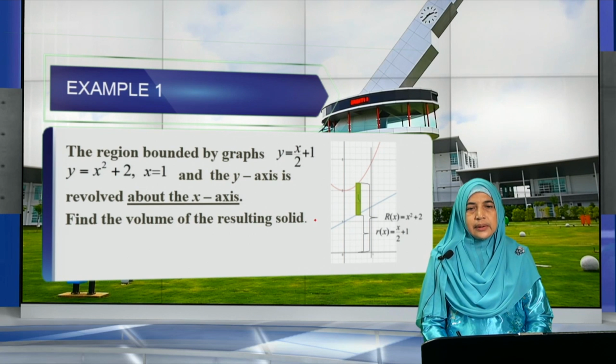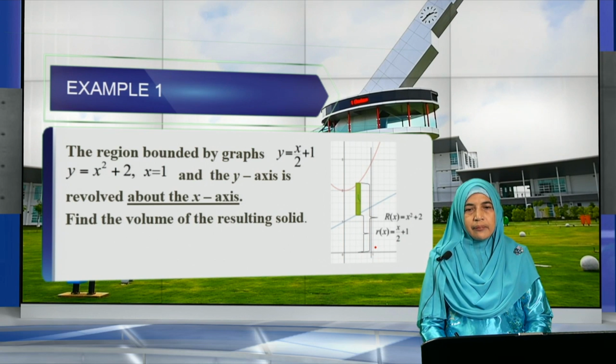So notice here that we have this typical triangle which is perpendicular to the axis of rotation, and then we will have this small r. Okay, r is from this x-axis to this line.